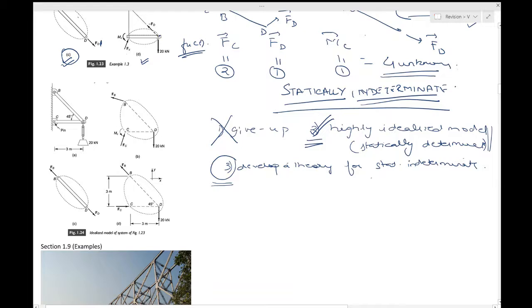Okay, so for a highly idealized problem, let's do this. We say that this MC is an ambiguous part of this. It's basically the moment due to the bolted joint, and clearly we can't ignore this like we could ignore friction in a pin.